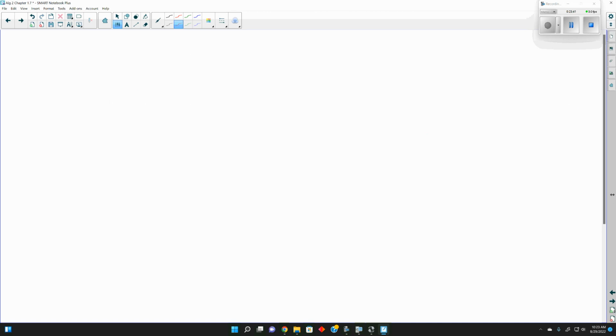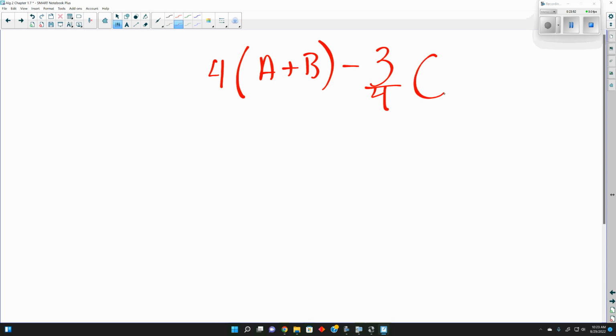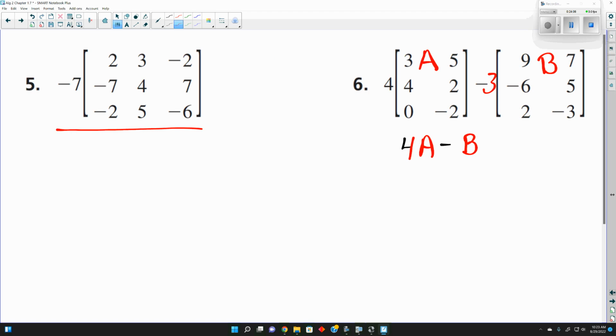Because with any of these here, I could say 4 times A plus B minus 3 fourths times matrix C, because there's any number of ways we can do that. And I just put A, B, and C, yes. Let's just say the 4 replace the -1B. Could we just do 4 parentheses A plus B? Or would we have to do like plus 4B? Yes. Just do what you done.